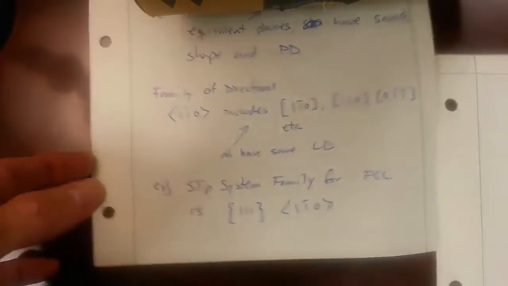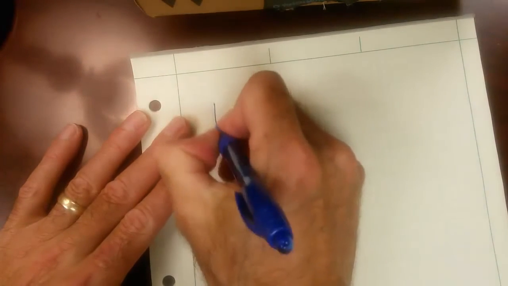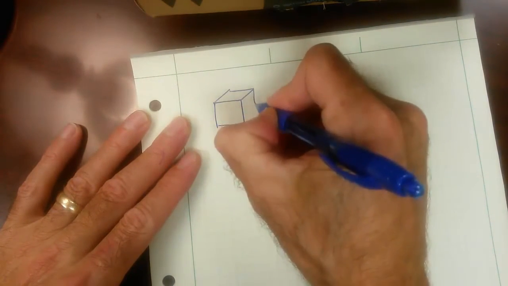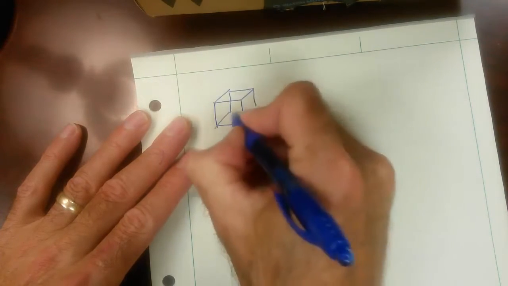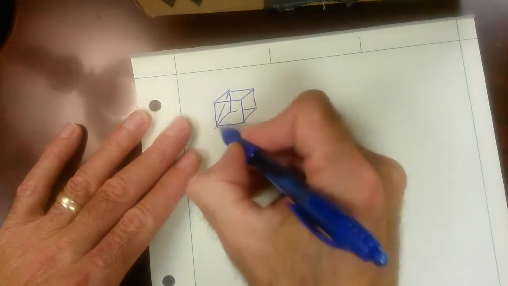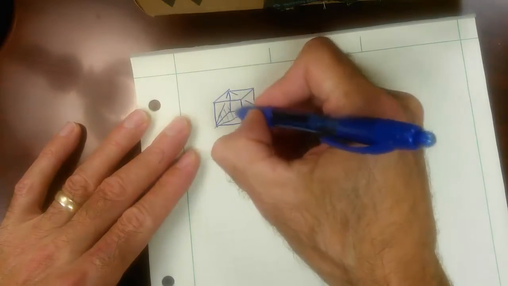Okay, so how many of those exist within a given crystal? Well, let's see. If we've got a unit cell, then this thing that I'm drawing right here is a 1, 1, 1 plane.